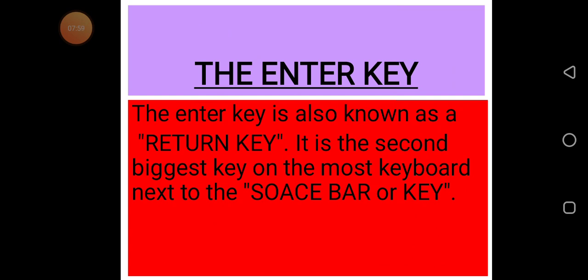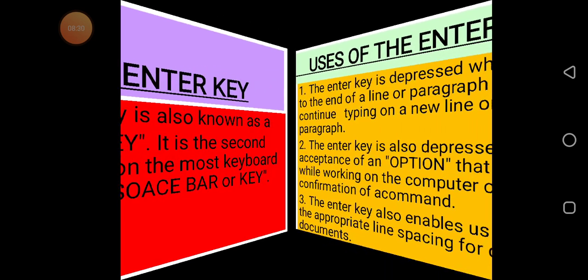So having said that, it is the second biggest key on the keyboard. I would say the biggest is the space bar. Sorry for that typographical error. The space bar is the biggest key on the keyboard, followed by the return key or the enter key.